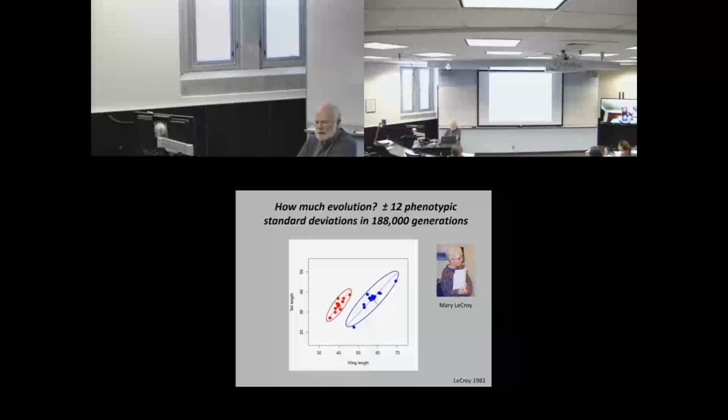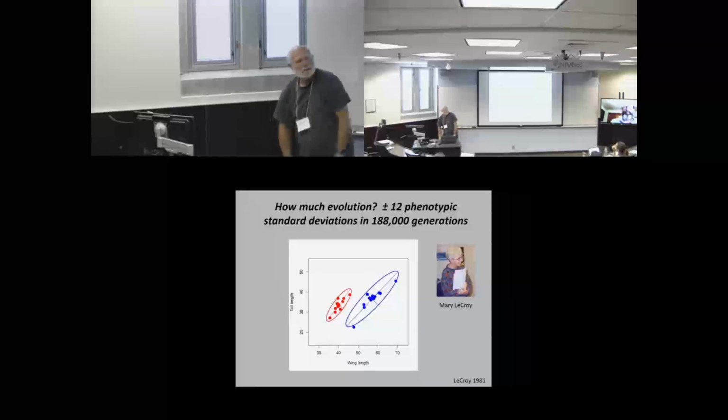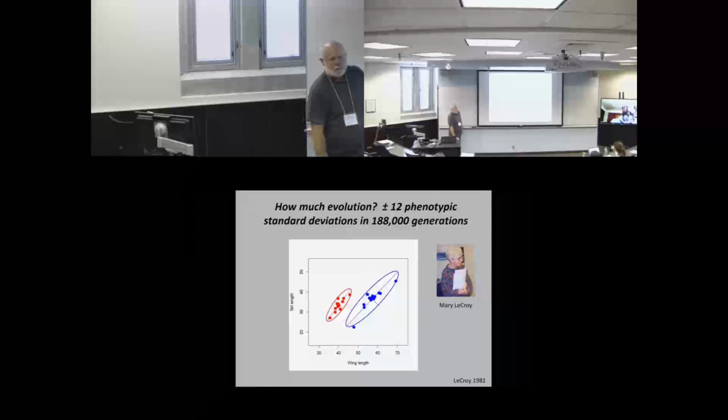These are the species means. No correction for phylogeny, just the tip covariance. And you can see that's the sort of elliptical distribution of tail length by wing length that we could produce with our model if we wanted to. Each dot is a species mean, okay?